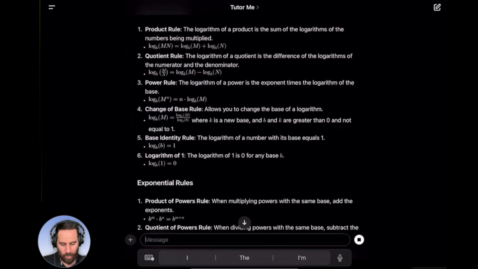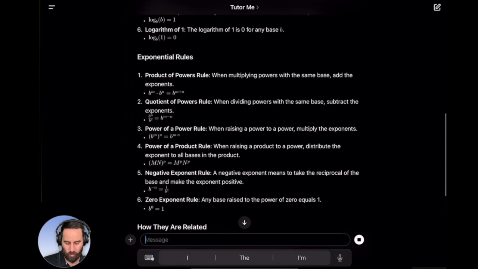All right, so logarithmic rules. It shows you what the product rule is. Oh, that's awesome. The quotient rule, the power rule, the change of base rule, the base identity rule, the logarithm of 1. Okay, that's cool. Exponential rules. If you're multiplying with the same bases, if we're dividing with the same bases, if we're taking something to a different power, that is cool.